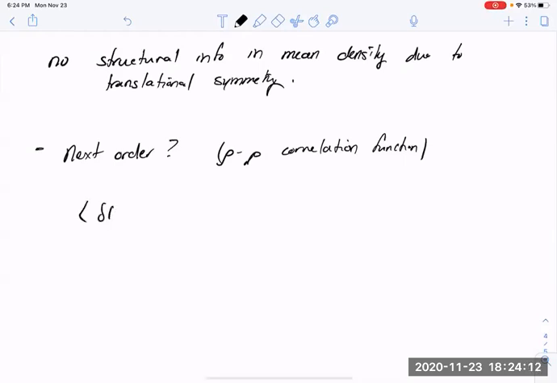Let's take an average of the delta function of particle 1 being at R, and particle 2 being at R prime. So it's an average of 2 delta functions. That's manipulated a little bit.